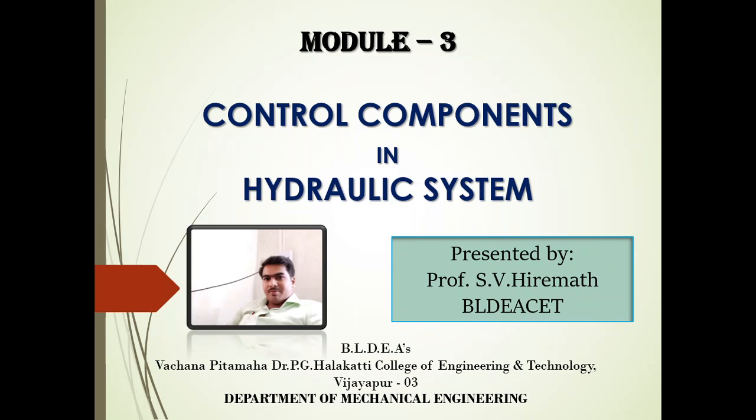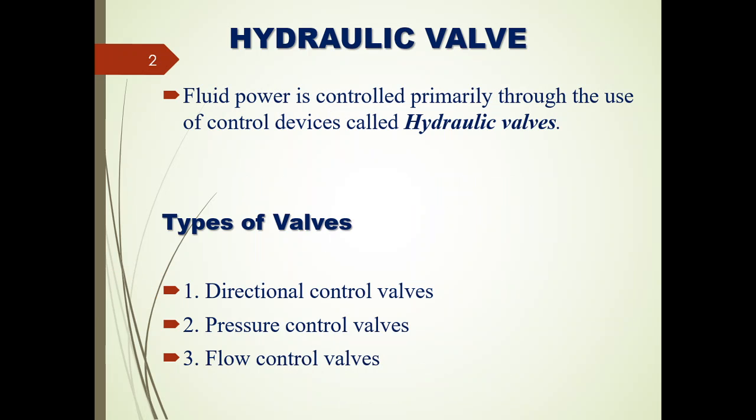Good morning. The next module will be discussing the control components in hydraulic systems. The control components are the devices with the help of which we control various parameters: I can control the direction, the pressure, as well as the flow.